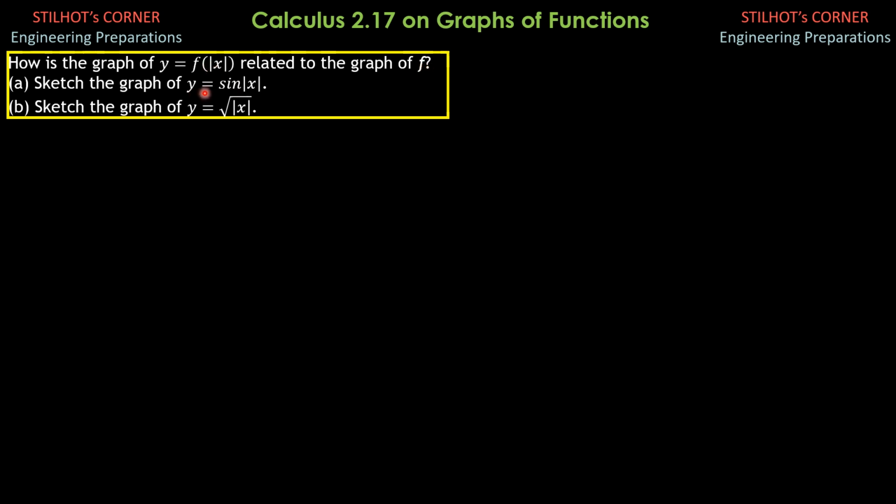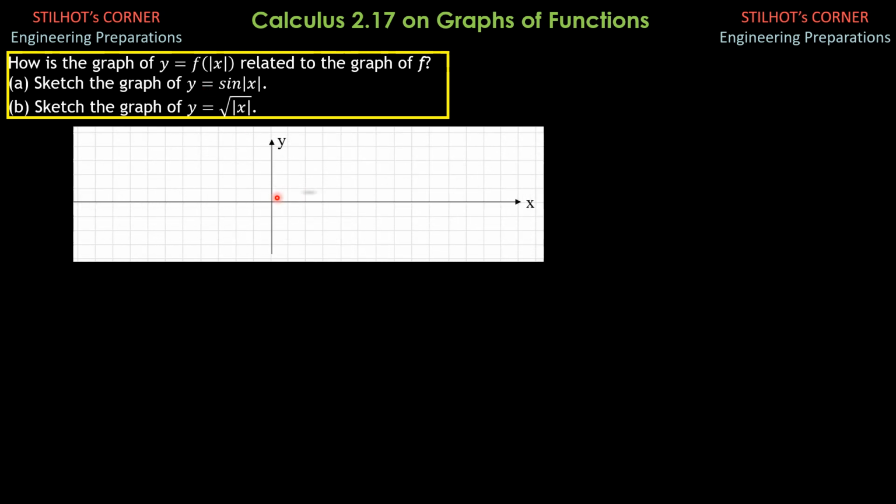So for instance, for y equals sine of x, sine of 0 is 0, so you're just familiar with the graph of sine x. So this is the portion of the graph of sine x which lies to the right of the y-axis. We're going to reflect this about the y-axis. So it should look like this.